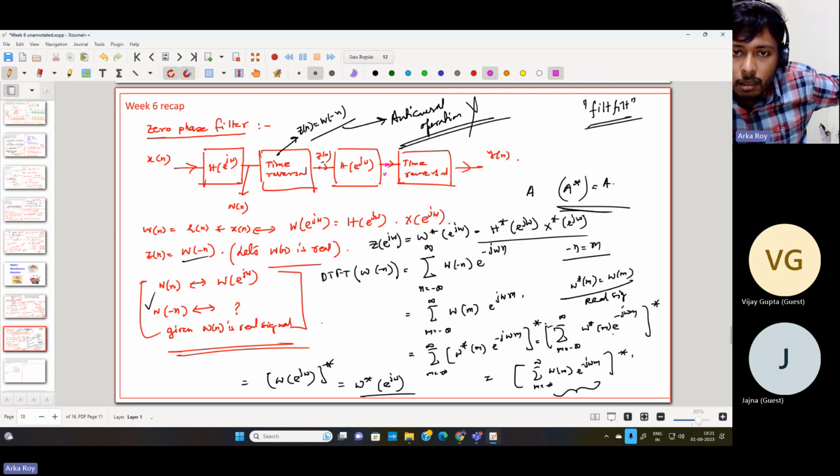Let us consider this is P of n. So P(e^jω) is the multiplication of the DTFT of the filter and the DTFT of Z. So it will be H(e^jω) followed by X*(e^jω).